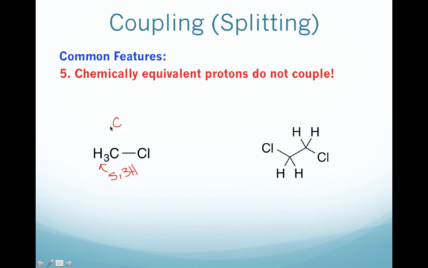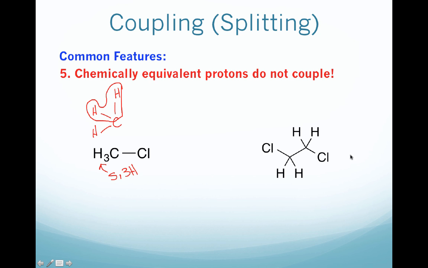So if you draw out your CH3, there is a 2-bond separation. But the only time we see coupling through a two-bond separation is if these protons were to be chemically distinct. But in the case of just this alkane here, they're chemically equivalent, so you don't get any coupling.